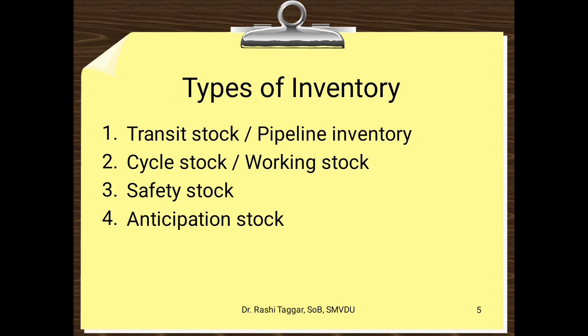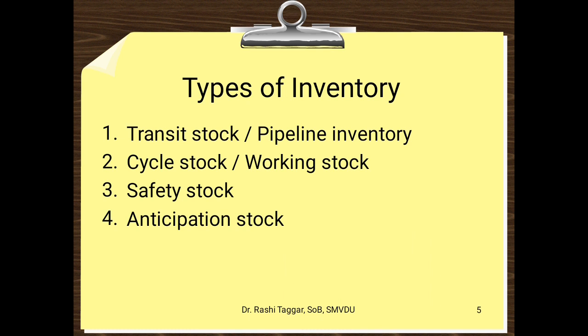And a very important thing, if we change the mode of transportation, like moving from road to air, that will also impact how much inventory is there in the pipeline. The faster mode will ensure less pipeline inventory.